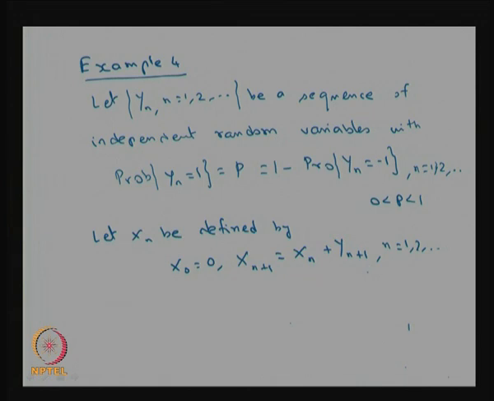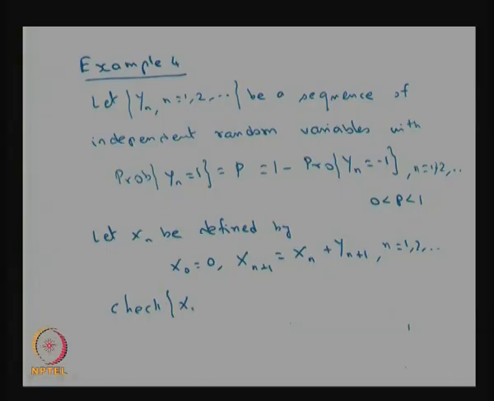Now, the question is, check whether X n, that stochastic process, is a DTMC. If it is a DTMC, also find out what is the probability of X n takes a value k.